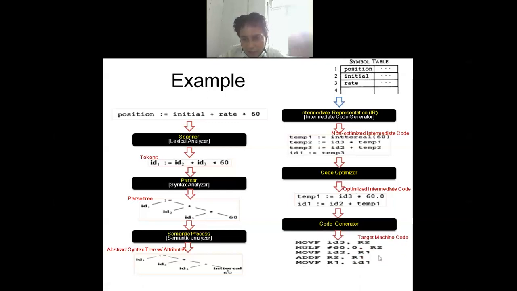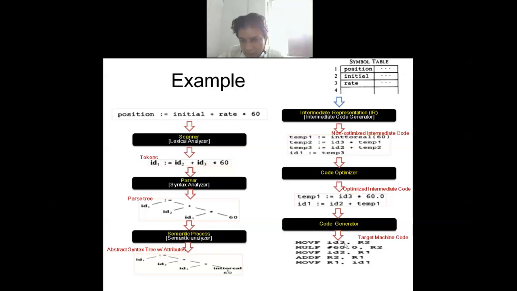And code generation is the last phase of compiler design. In the code generation phase we convert it into the target machine code. In the machine code you can see commands like move: first, move f id3 into register 2. Then multiply f, where the 60.0 value is multiplied with register 2, where the id3 value already exists.